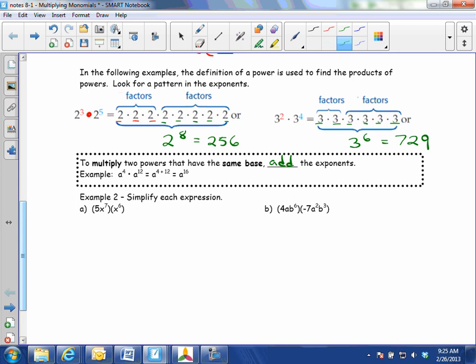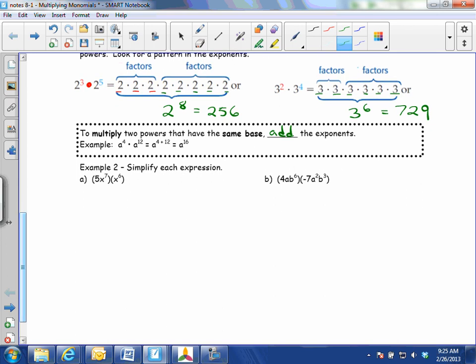Okay, so in this case we're still multiplying. They're just putting it with parentheses or a dot in there. How do I simplify this first one? 5x to the 13th.